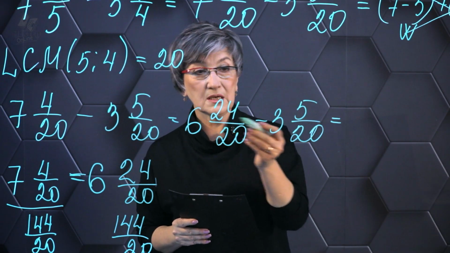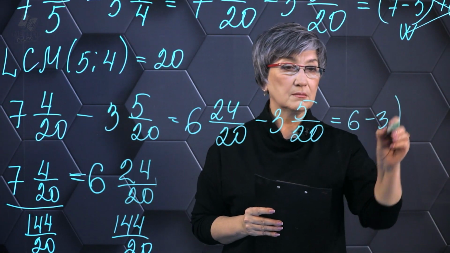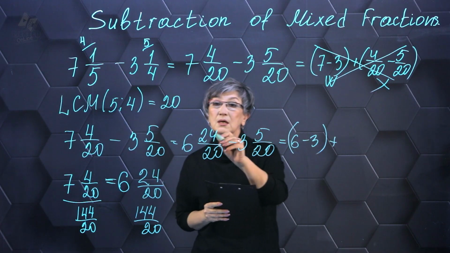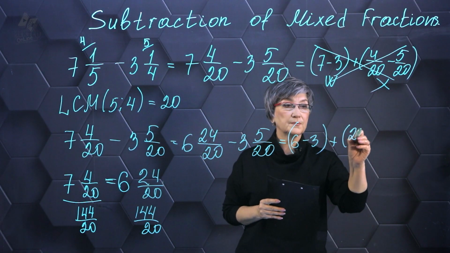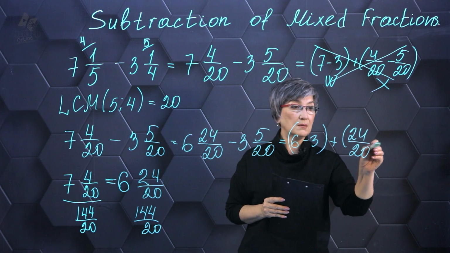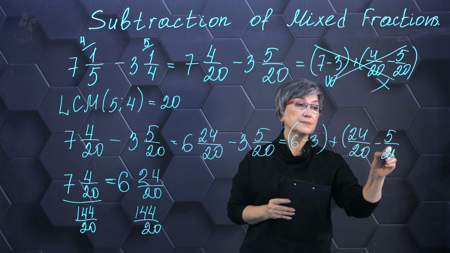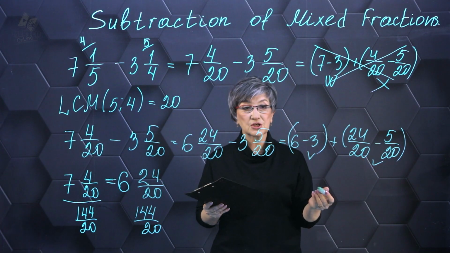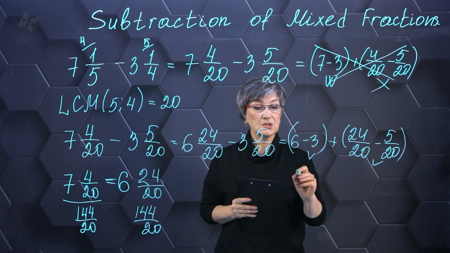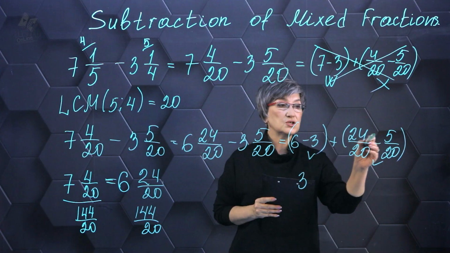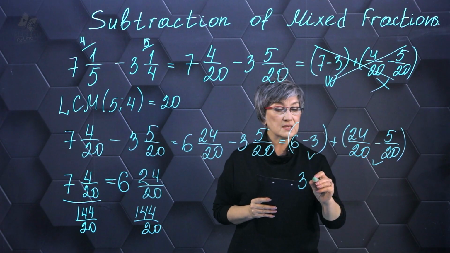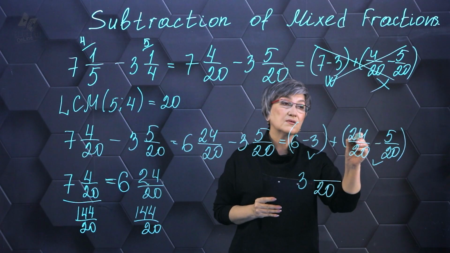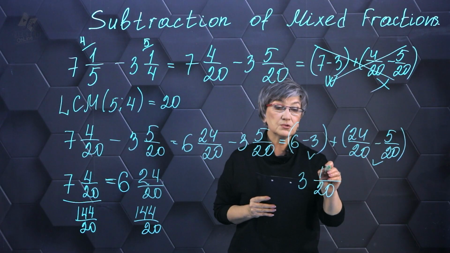I can subtract 3 from 6 with ease, and from 24/20, I can take 5/20. Well, now that's great. Our problem is solved. Subtract 6 minus 3, that's 3, and 24 minus 5, that's 19, with the same denominator, 20. That will be our answer.